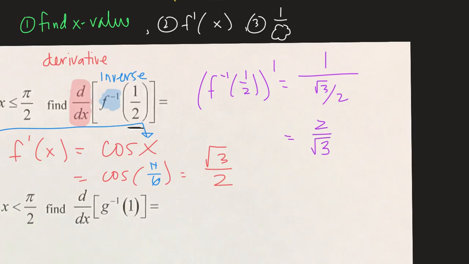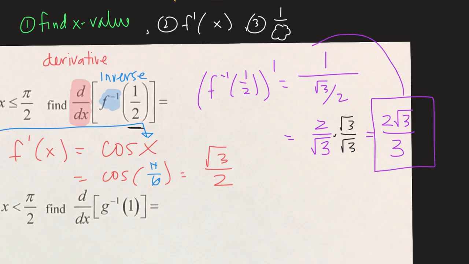That's what it means to reciprocate: make your numerator your denominator and your denominator your numerator. Then we do one more step called rationalization, where you multiply by root 3 over 3. This means we no longer have a radical in the denominator. We have the normal number 3. So this is the derivative, the slope of the tangent line to the arcsine at 1/2.